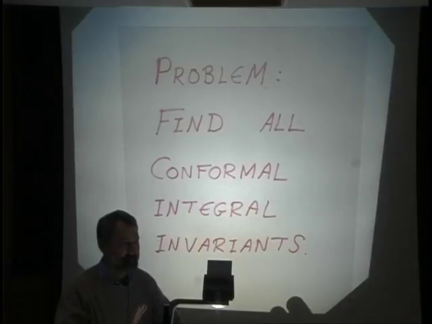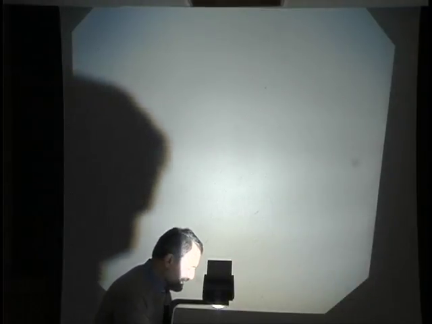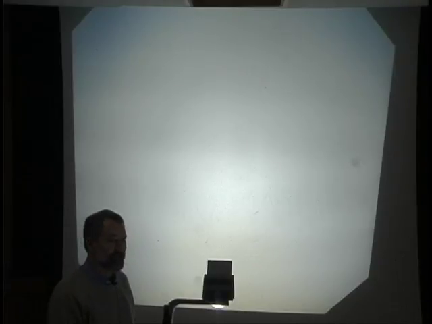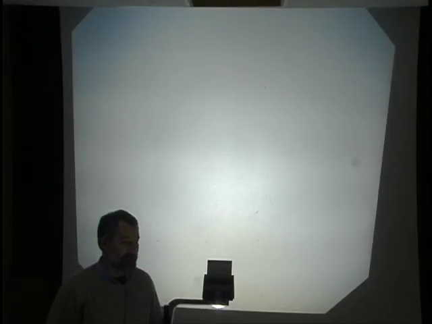Okay? So, all right, find all possible conformal integral invariants. The short description of the answer is that there are three obvious ways to produce conformal integral invariants, and the theorem will say that every conformal integral invariant is simply a linear combination of the three obvious things.